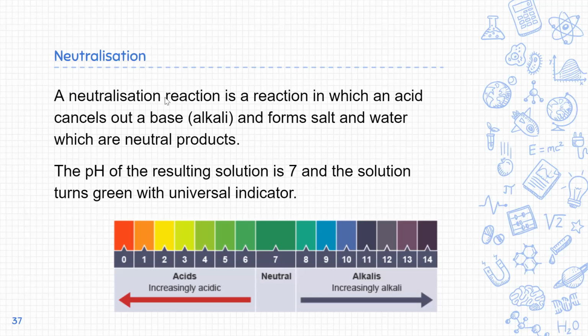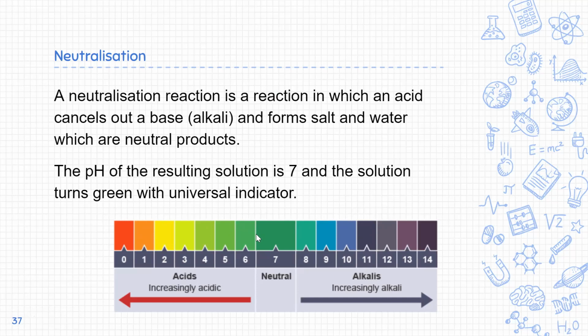Okay, so basically if we have, for example, a substance that is pH 1, and we have a substance that is pH 13, we continue adding drops of the alkali to the acid. Overall, the pH is going to reduce.